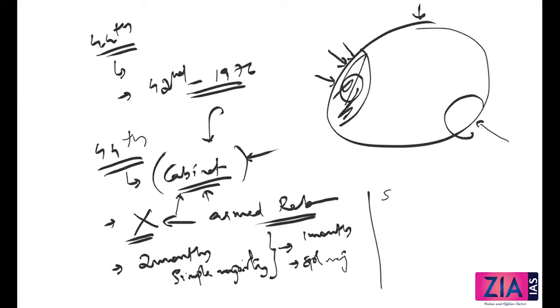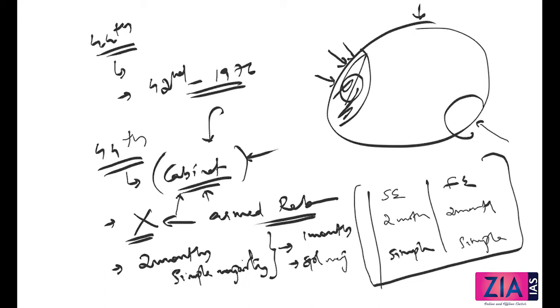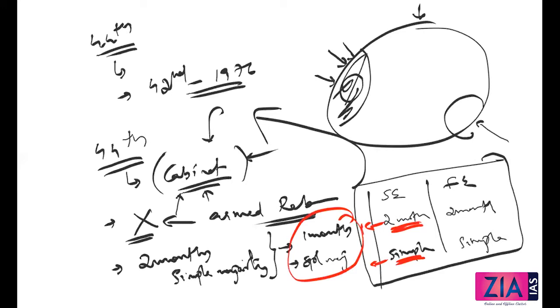That means even for state emergency as well as financial emergency, it was 2 months, and a simple majority. This was the situation for national emergency also. But what has been done now? This 2 months has been changed to 1 month. The simple majority has been changed to a special majority because it has been misused a lot during that time. So these are some of the changes.